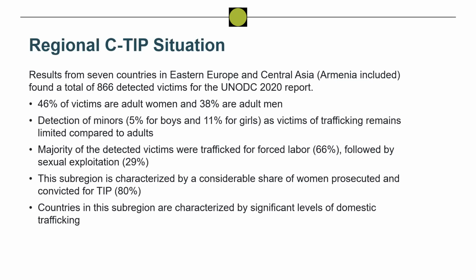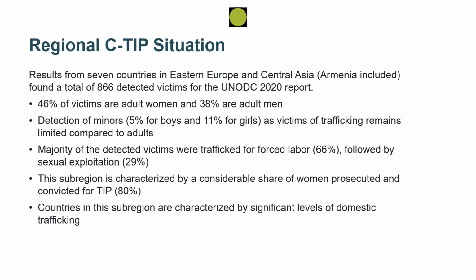We also see that detection of minors as victims of trafficking remains limited compared to the adults. Another major parameter that we see is that the majority of the detected victims were trafficked for forced labor. That is about 66%, of course, followed by sexual exploitation.